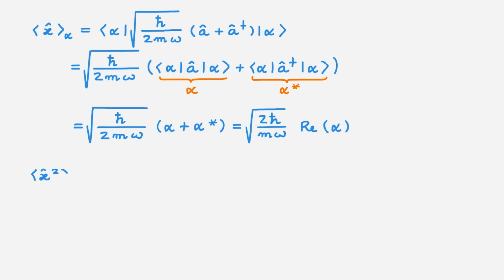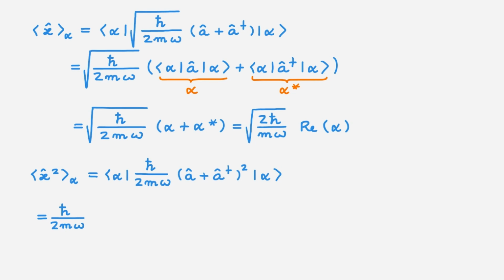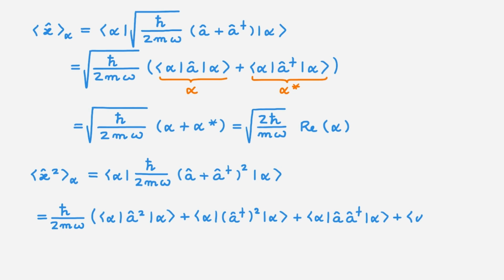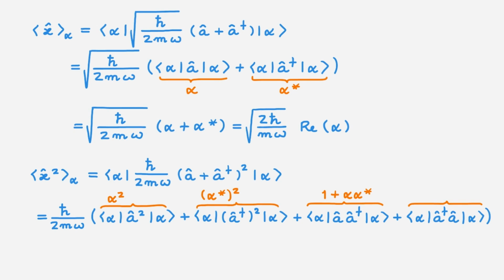For the expectation value of x squared, we again write it out first in terms of ladder operators, and then we take the scalar terms out as a prefactor, multiplying 4 terms: the expectation value of A squared, the expectation value of A dagger squared, the expectation value of A A dagger, and the expectation value of A dagger A. Using the earlier derivations, we know that this is alpha squared, this is alpha star squared, this is 1 plus alpha times alpha star, and this is alpha times alpha star.